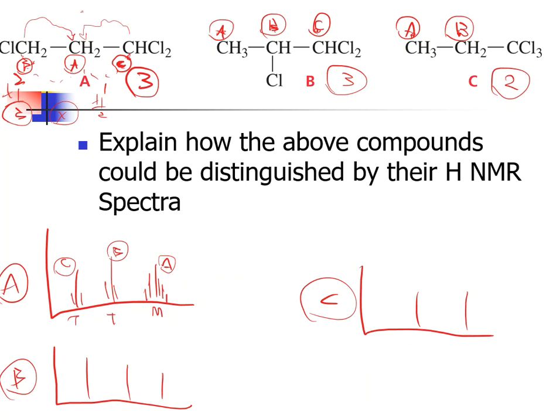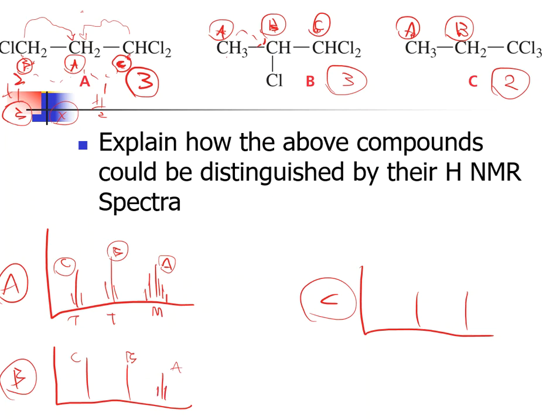Now we take a look at B. Does splitting give us an idea of which one's which? Is that going to determine the difference between A and B here? Well, maybe. Let's see. So it looks like I have an A and a B and a C all over again. So for the signal A, I see 1 neighbor, and that 1 neighbor has 1 kid, so 1 plus 1 is 2.